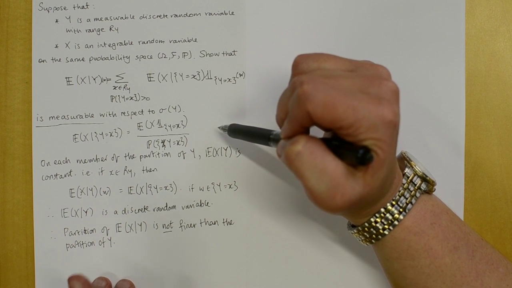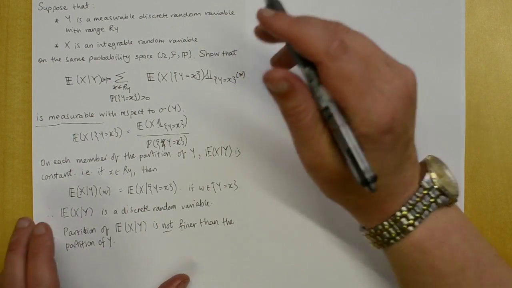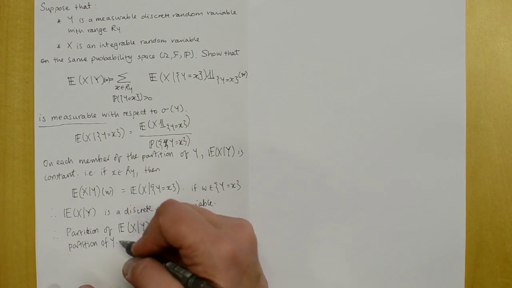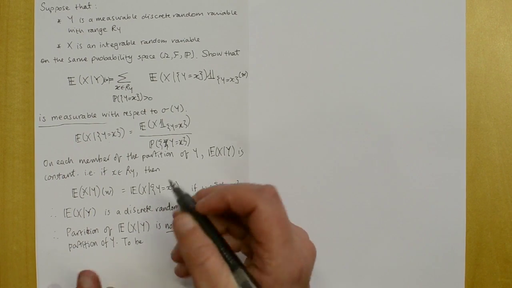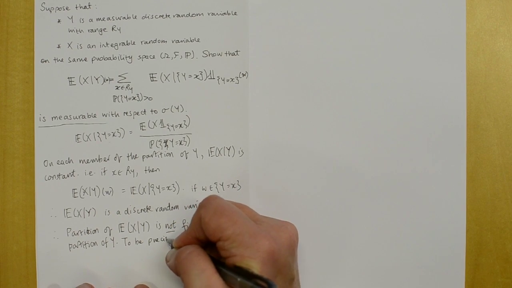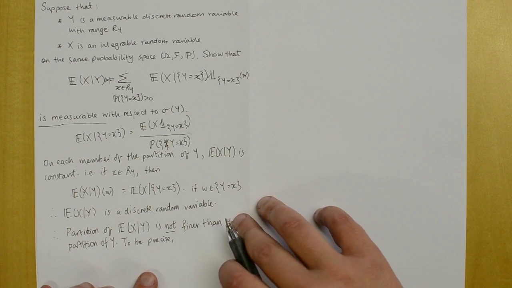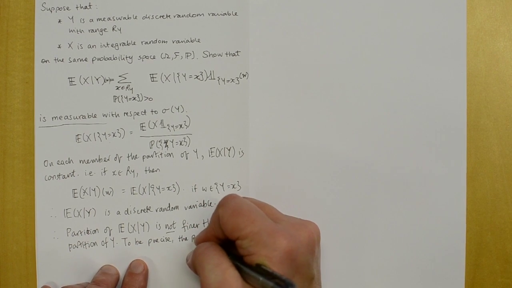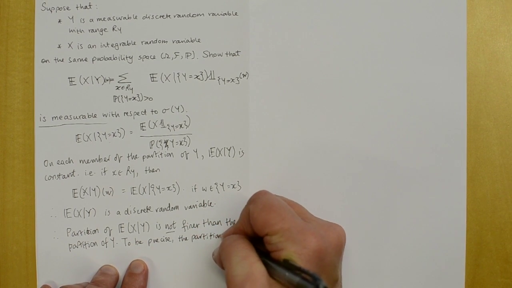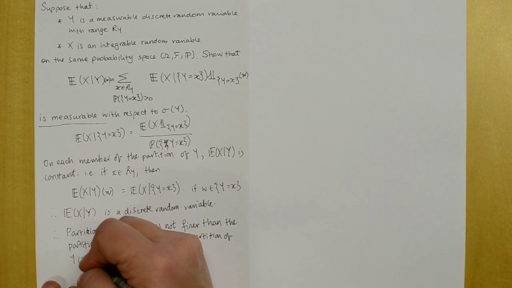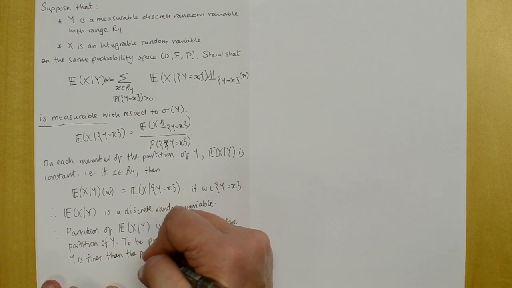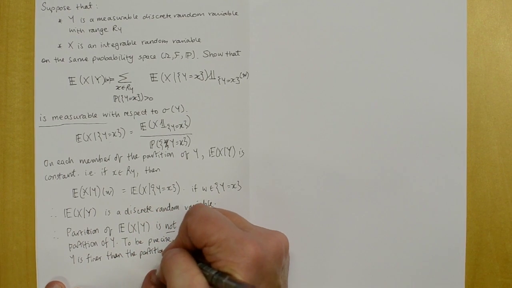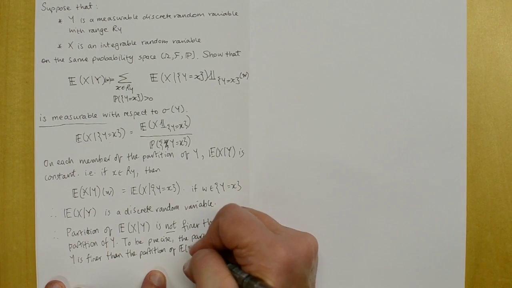So that is interesting. In fact, I've just realized I was a little bit imprecise in my final statement here. I think we need to be more precise. The partition of y is finer than the partition of the expected value of x given y.